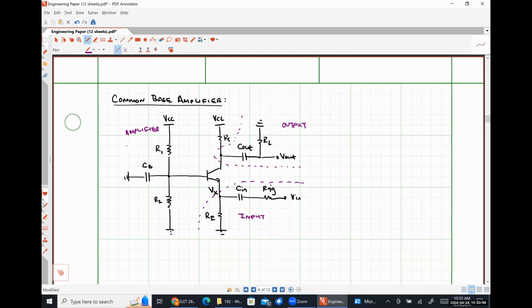So my amplifier stage is going to contribute a transfer function of Vy over Vx. My output stage is going to contribute a transfer function of V out over Vy. And my input stage is going to contribute a transfer function of Vx over Vn, exactly like we did for our common emitter amplifier.